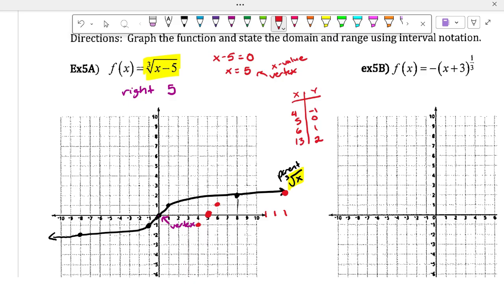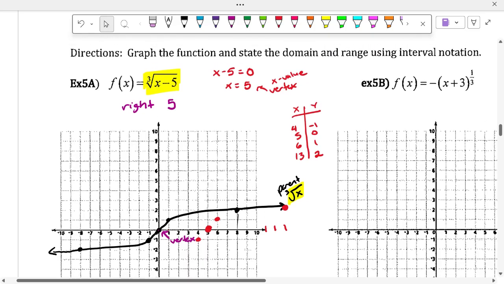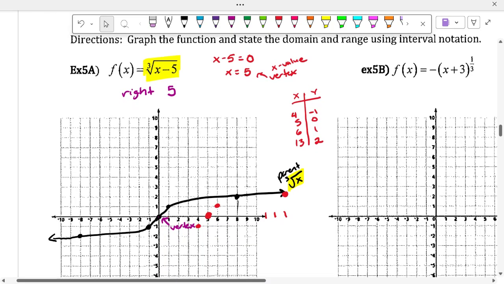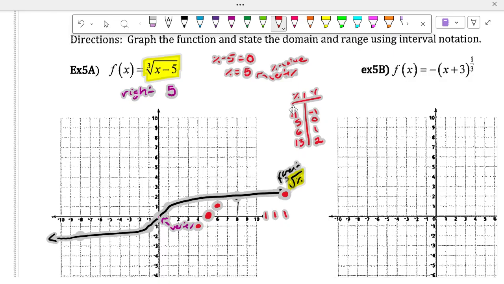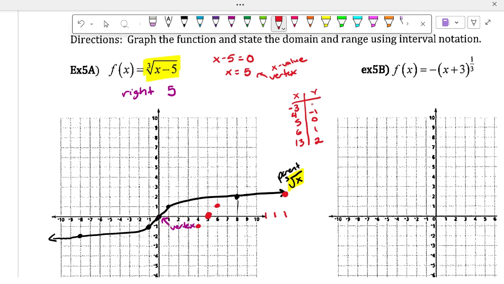What value would give me a negative 8 under the radical? So what value of x, if I plug that in and subtract 5, would give me negative 8? Negative 3. That would give me negative 2.